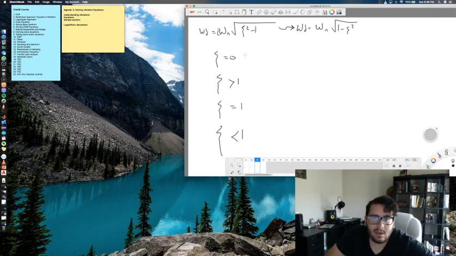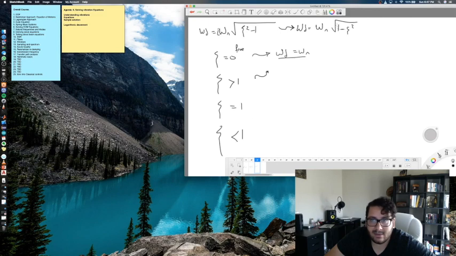If my zeta is equal to 0 and I put it in here, then I get omega d is equal to omega n, because there is no damping in the system, which means my system is free. Now let's discuss the next case. If my zeta is bigger than 1, meaning I have damping that's more than the critical damping of the system, then this here will be negative.